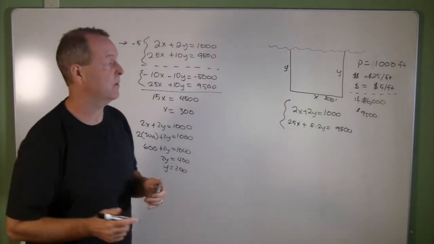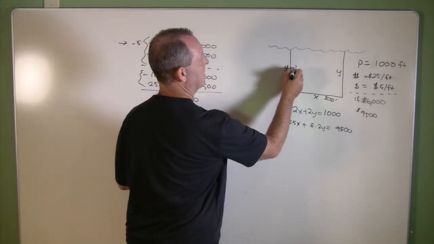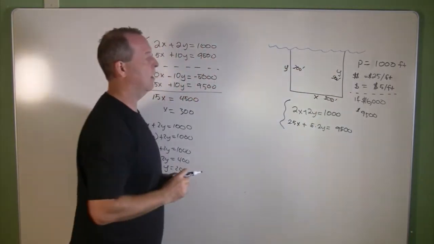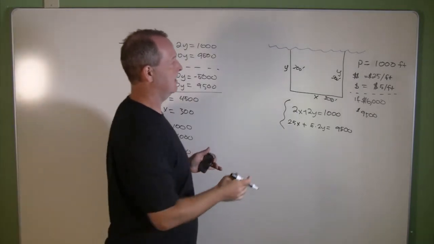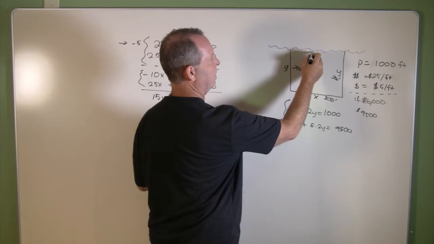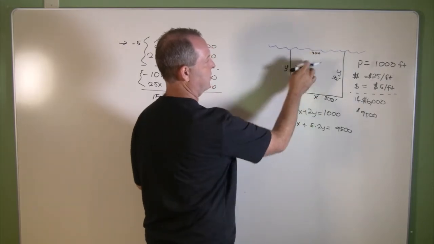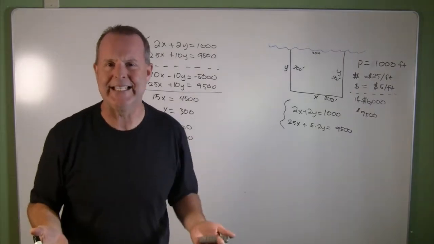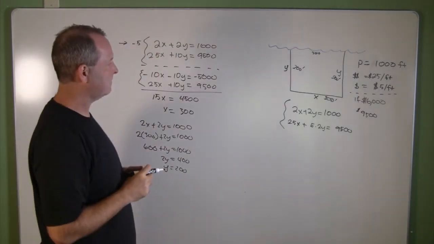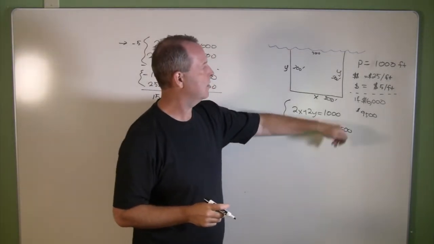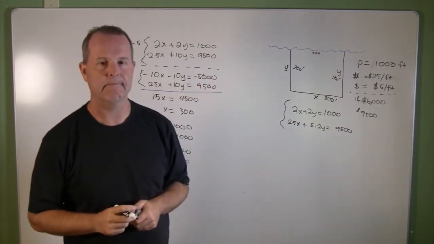And I got y equals 200, which tells me that the depth of this lot is 200. Does that make sense? Does this fit with a 1,000-foot perimeter? If this was 300 over here, 300, yes, it's 1,000 feet all around. So it makes sense with reality. And this is what he can build for $9,500 based on those requirements.